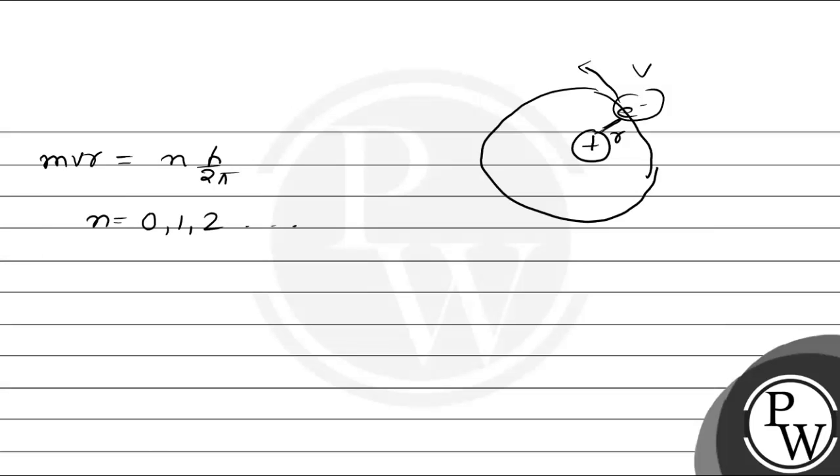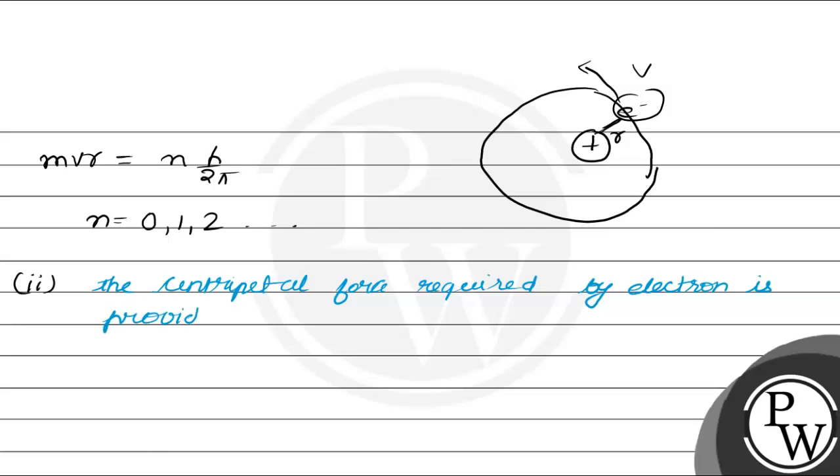Now, according to Bohr's second postulate, the centripetal force required by the electron is provided by the force of attraction between the electron and the nucleus.